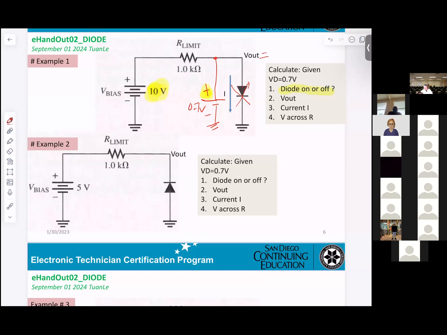When you want to measure V out, you use the meter, connect the high side here and the low side here, whatever voltage you get. Exactly like when you measure your car battery, you connect the high side to the red and the low side to the ground, and you get 12 volt. When you measure the voltage across the battery, you get that voltage. So that's why V out equals 0.7.